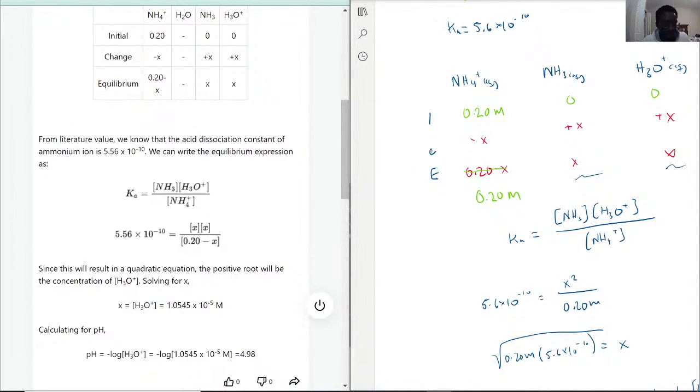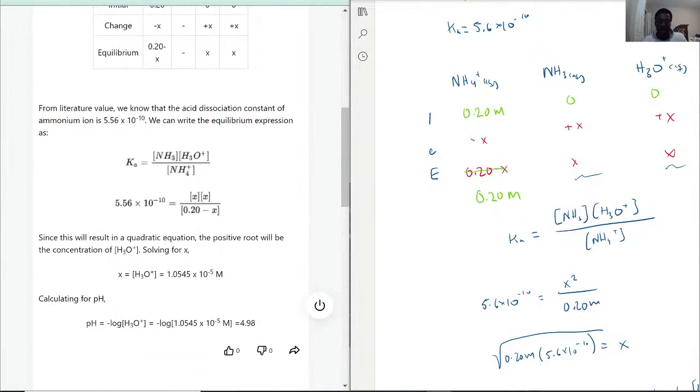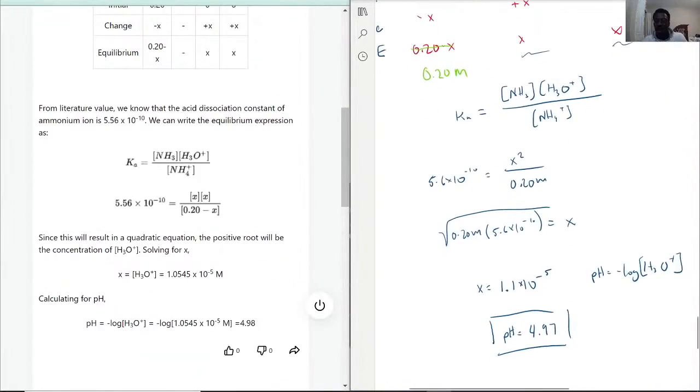Actually, they did do a quadratic equation. Nonetheless, as you can see, the numbers we got are almost exactly the same, even though I used the shorthand, because that's how much concentration we had relative to the Ka value. The pH, when you convert it all, they get 4.98. The only reason why I get 4.97, well actually it is 4.98 because it's 4.975, is that I just didn't round correctly.